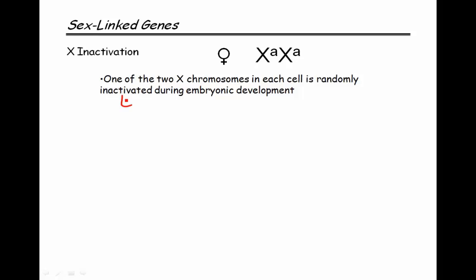This shutting down or inactivating is basically compacting or condensing it. And if we condense it or highly wrap it around some proteins, we're not going to be able to access the information that's there very well. The information is still there, but it's really hard to get to.